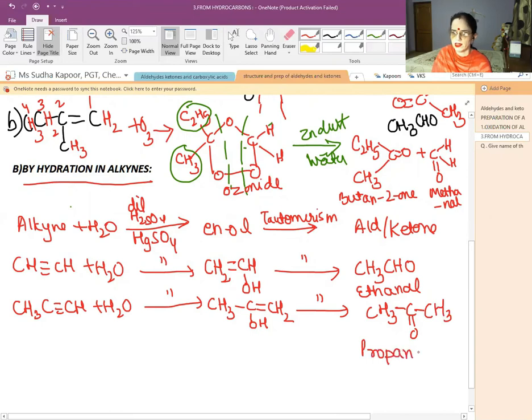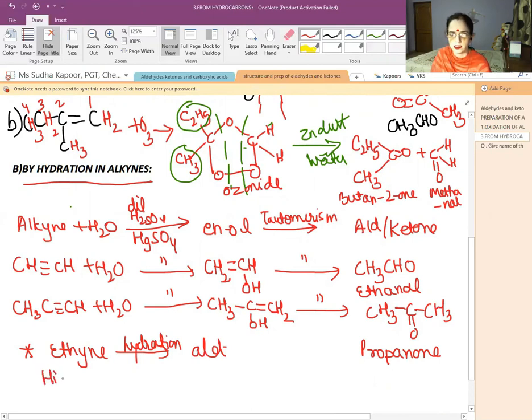So it is very well clear here that only ethyne on hydration would result in formation of aldehyde. All the other higher alkynes, other than ethyne, all will undergo hydration, giving rise to formation of ketone.